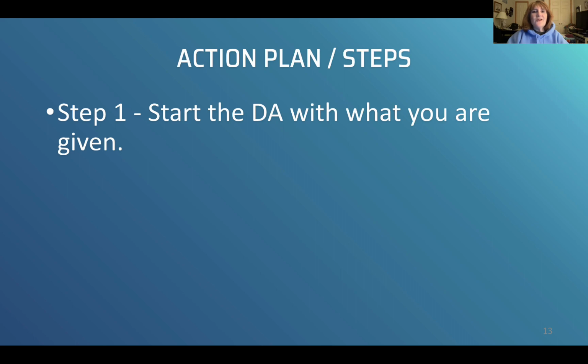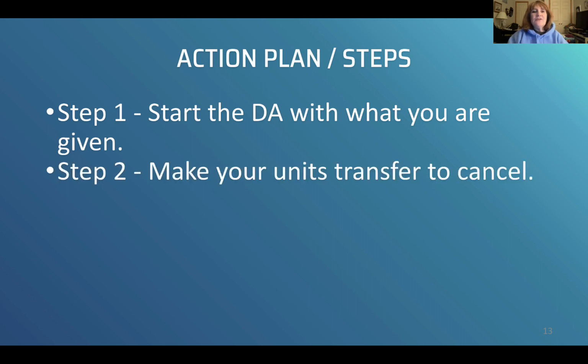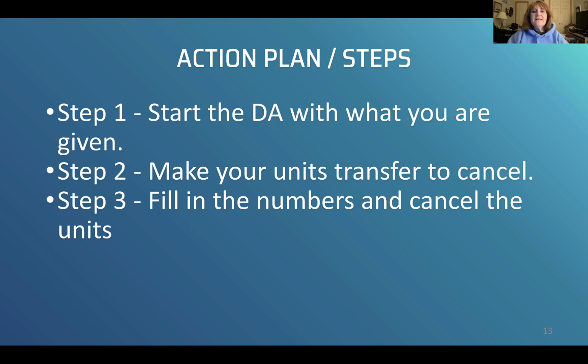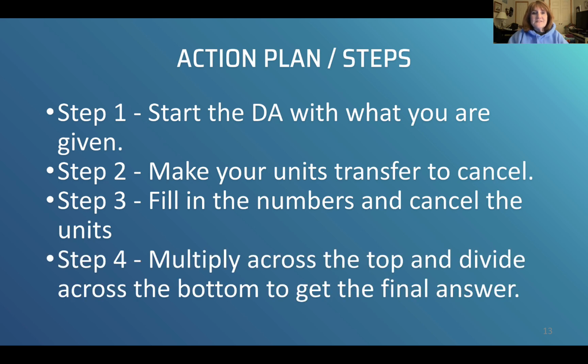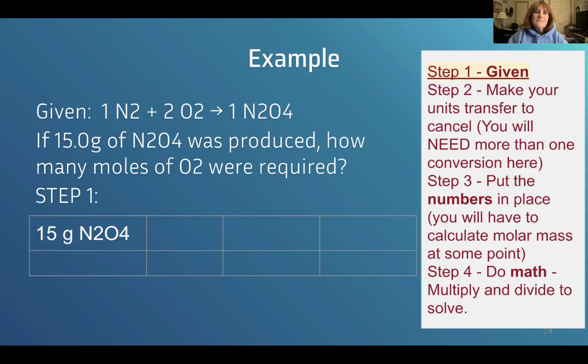Step 1, start with dimensional analysis of what you are given, what you know. Then you make your units convert, filling in the corresponding numbers to go with those units and cancel the units that you want to convert. Multiply across the top and divide across the bottom to get the final answer.